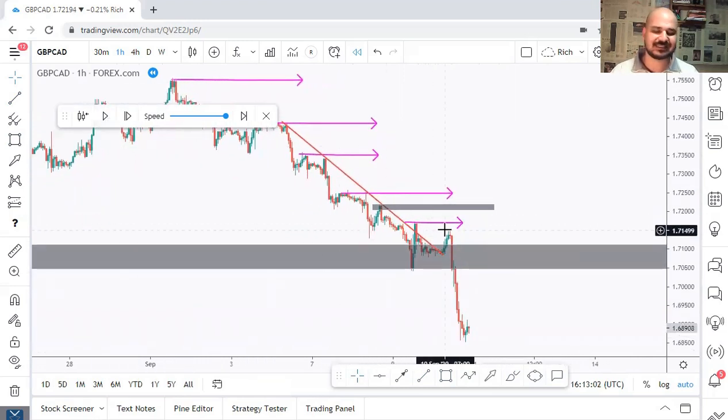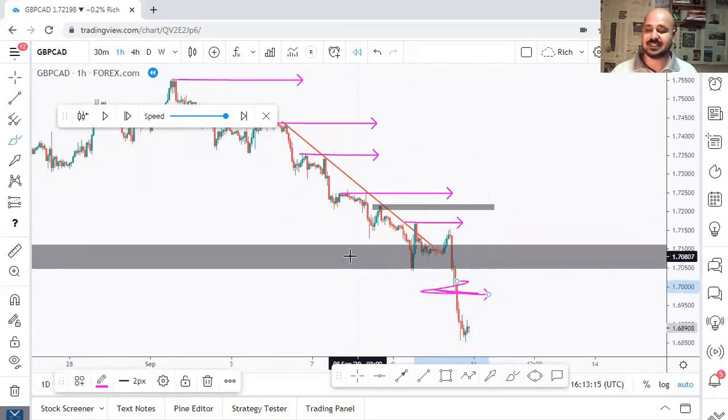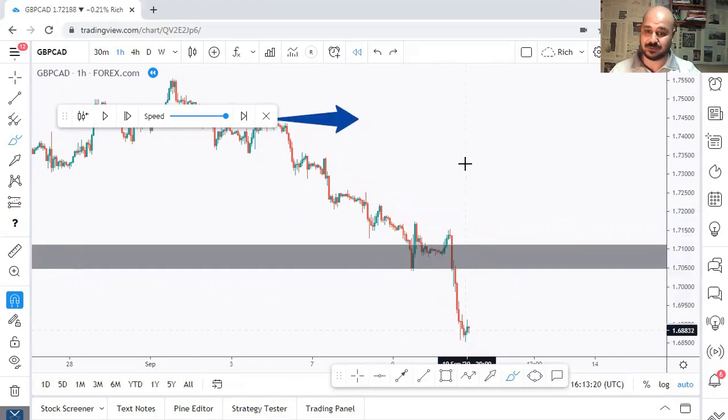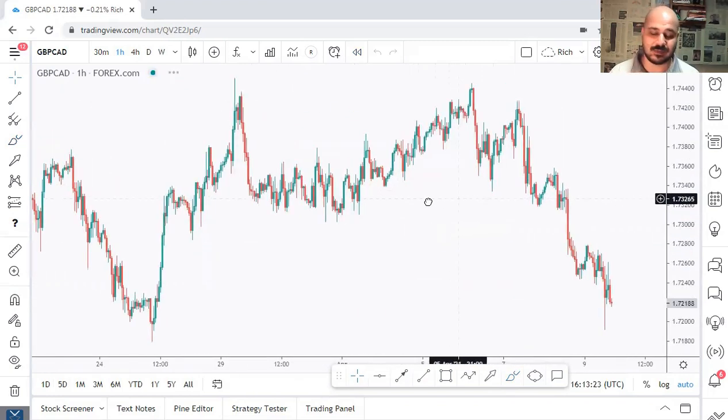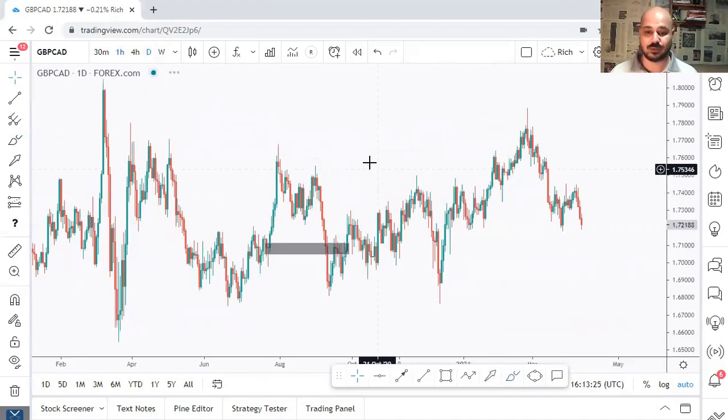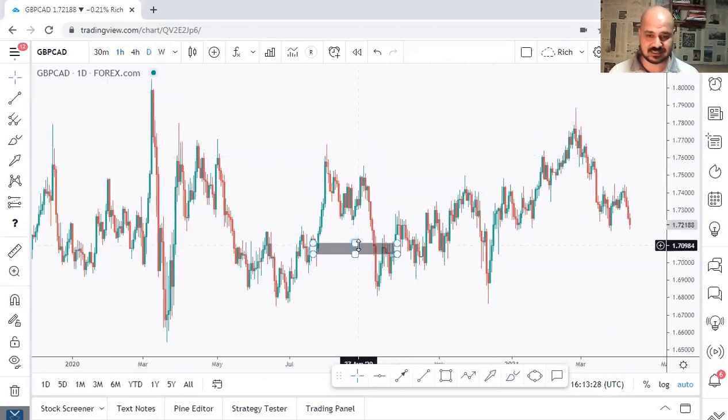Even if you are simply entering on the last lower high break upward, keeping it simple, you didn't enter here because the price kept going down, and the demand is no longer valid because price broke it downward. So that's how it's going to save you from bad trades or from supply and demand zones that price is not respecting. This one didn't get activated.